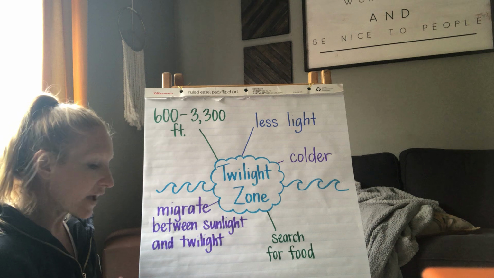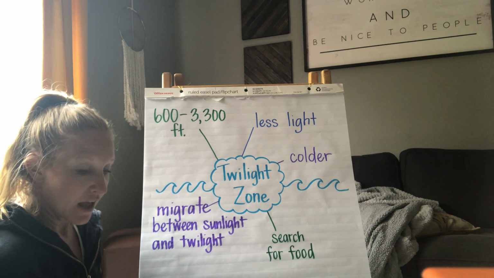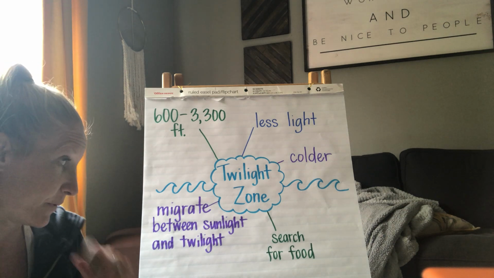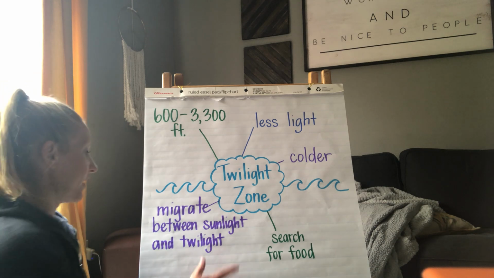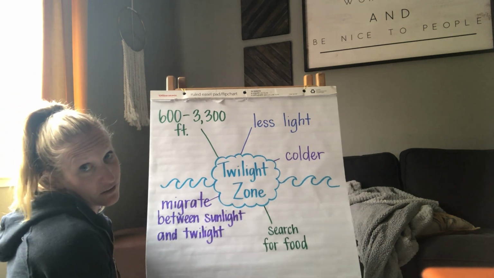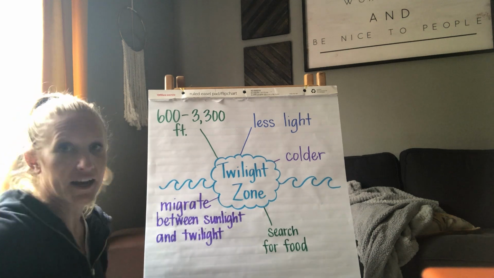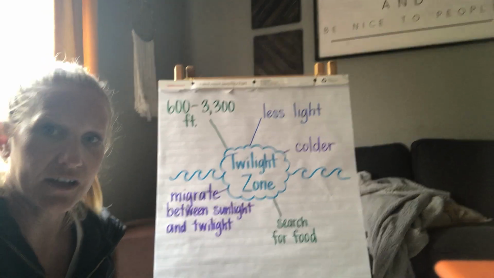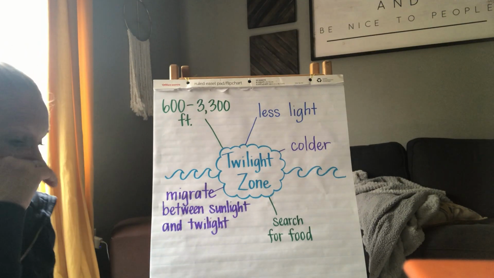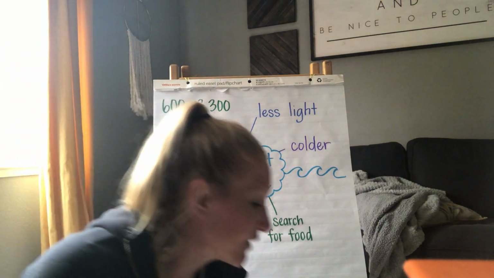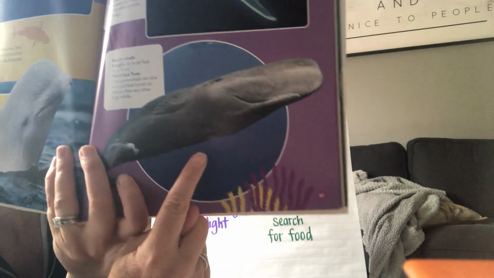Okay, so I have an example for you. Now it gave us a lot of examples. The one that I am going to talk to you about is, of course, it's got to be a whale, because you know how I feel about whales. They're my favorite. I hope I can turn this so you guys can see the bottom of my paper. It's a little bit better, I guess. So the one that they mentioned was the sperm whale. This is the sperm whale right here.